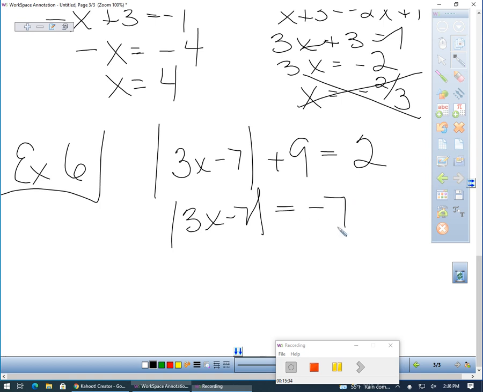Now what? Ooh. So here's why I wanted to do this problem. Can an absolute value ever equal negative 7? It can't, can it? So this becomes no solution.